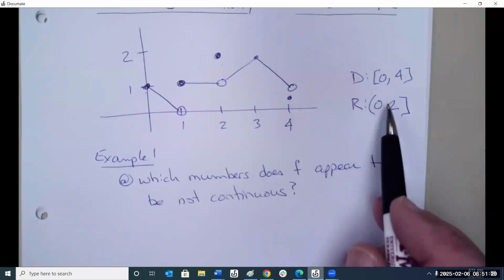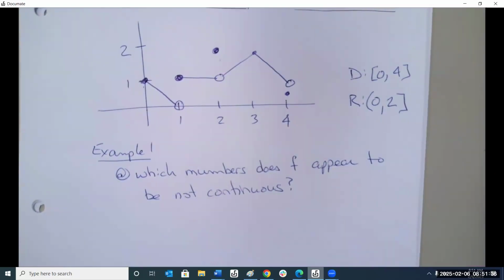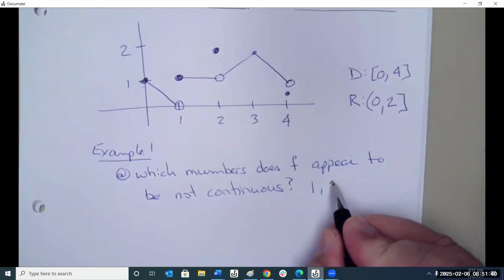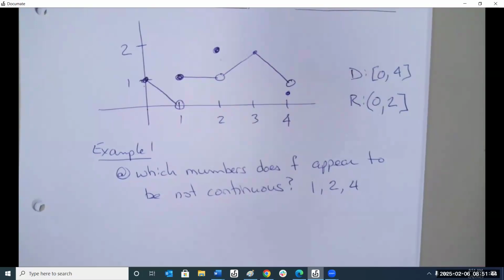So now, inside this domain, at what points is it not continuous? 1, 2, 4. Very good. Why are those not continuous?